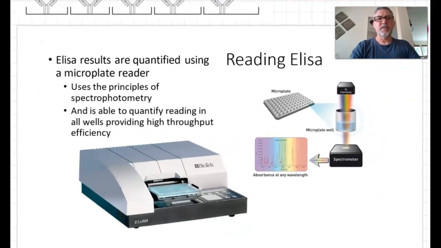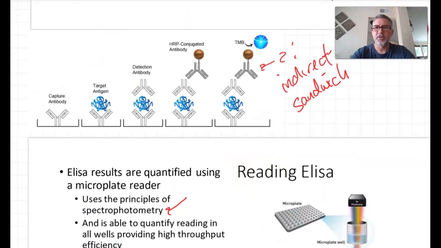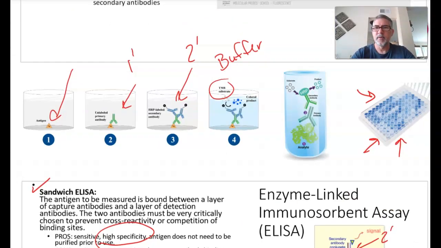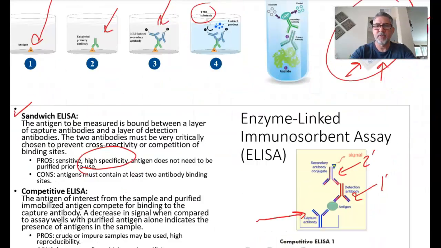All right, reading ELISA. So a lot of reading is done just visually, but I can use a spectrophotometer, right? According to Beer's law. So remember I showed you up here, this plate, right, there are different colors based on differences in amounts of antigen present.